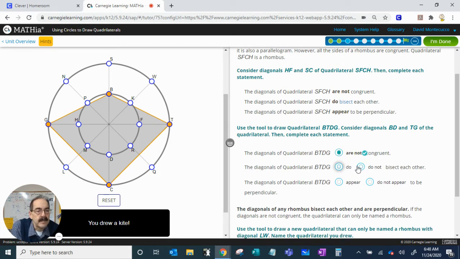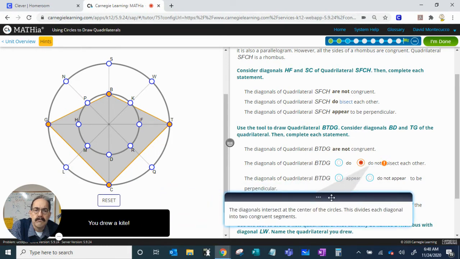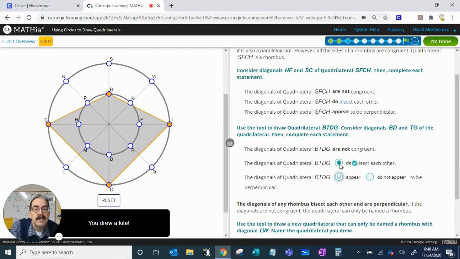They bisect? No, not both. One, but not both. The diagonals intersect at the circle. They divide into 2 congruent segments. The diagonals do not bisect each other. I'd say that they do not bisect each other.